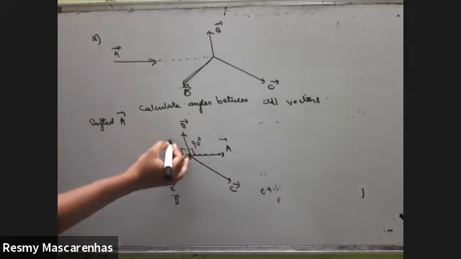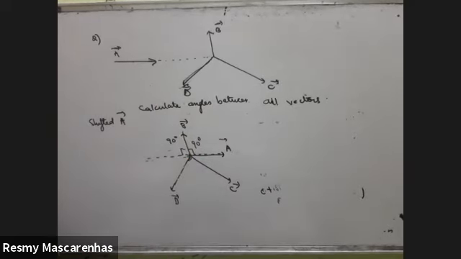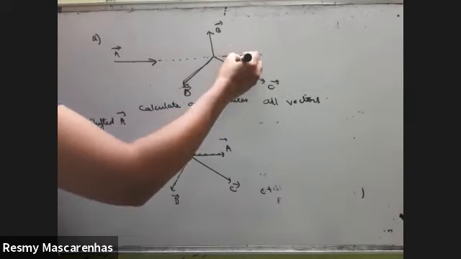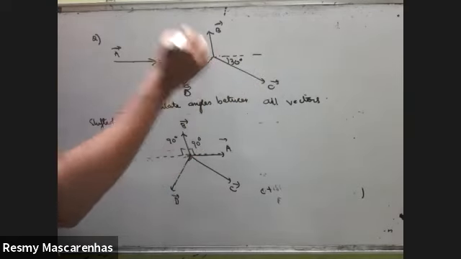This is also 90 degree then. Okay, so we got the angle between A bar and this. And this is given, you can write otherwise. 30 degree and this fellow is given as 60 degree.